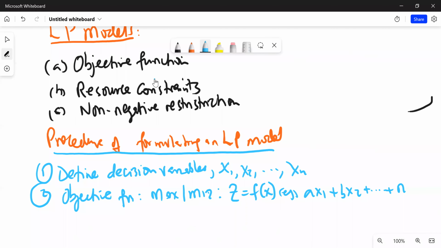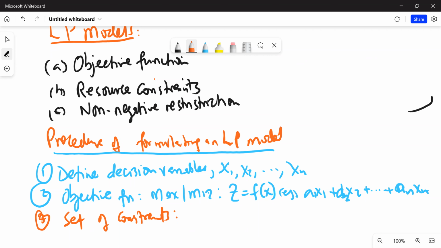Let me rename to make it easier. So this is a1 x1, a2 x2, all the way to an of xn. So your objective function will look like that: either maximize or minimize some function of x, where x is the decision variable. Then after you define your objective function, the next thing is to define the set of constraints.